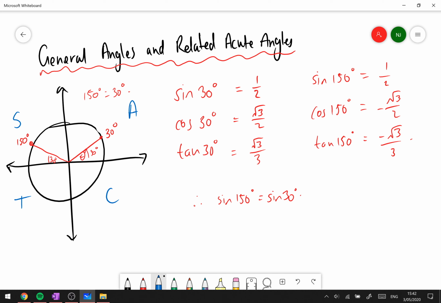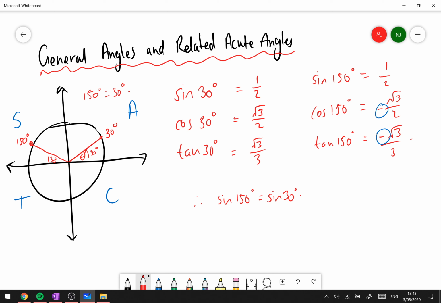So if I do sine of 90 degrees up to 180 degrees, not including those two, I should get a positive value back. But the other ones are going to give me a negative value, so the negative √3 on 2 and the negative √3 on 3. Sorry, not why is that, because I just showed you why. We worked out that sine, tan, and cos have specific quadrants where they're positive.